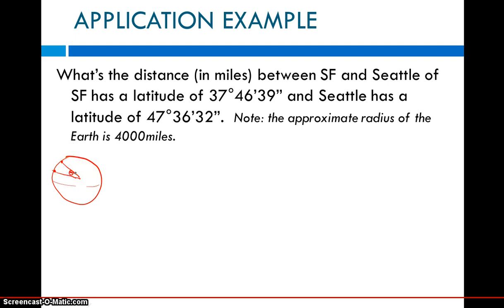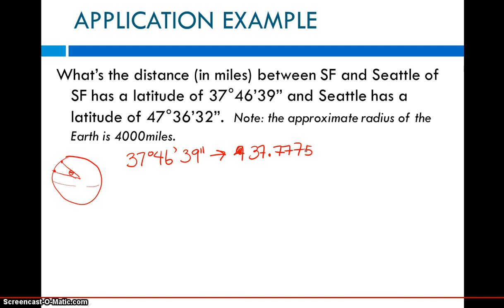So the first thing that we want to do is convert our minutes and seconds into a decimal. So we'll do it both for San Francisco and Seattle. So we're going to take 37 degrees, 46 minutes, and 39 seconds, and we want to convert it to a decimal. And remember that this is still in degrees. So go ahead and put it into your calculator, and your calculator will give you 37.7775.